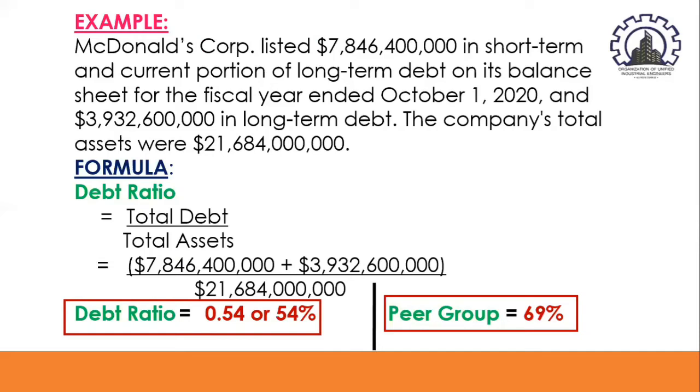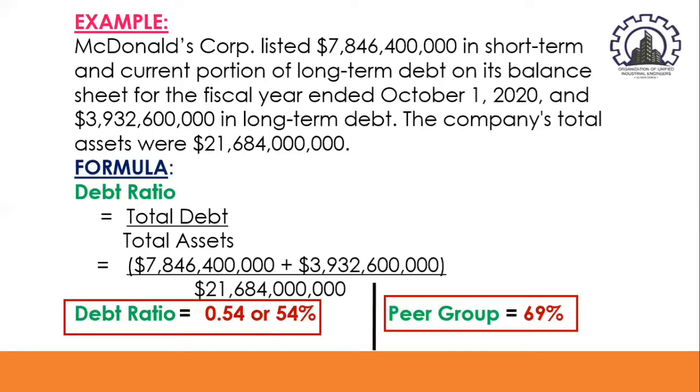The company's total assets were $21,684,000,000. Remember that in getting the debt ratio, we need to have our total debt divided by total assets.